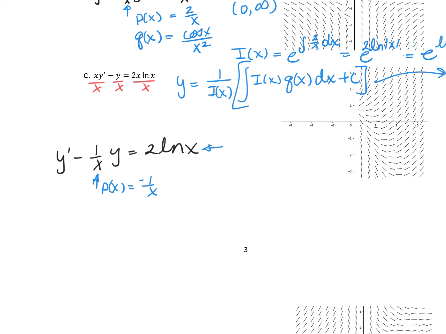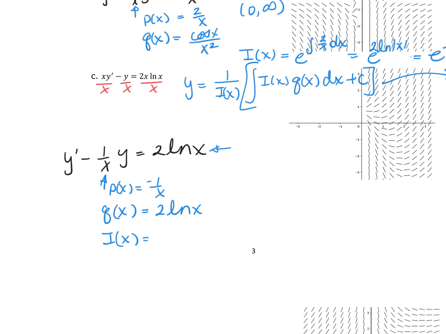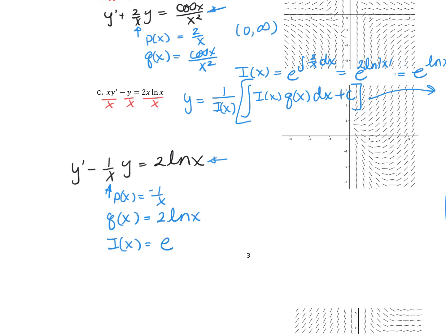This must be my q of x, so my q of x is going to be equal to 2 the natural log of x. And my integrating factor I of x is going to be equal to, just like before, e to the integration of negative 1 over x dx, which is going to be e raised to the negative natural log of the absolute value of x.